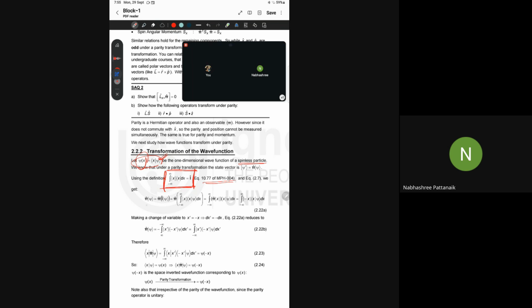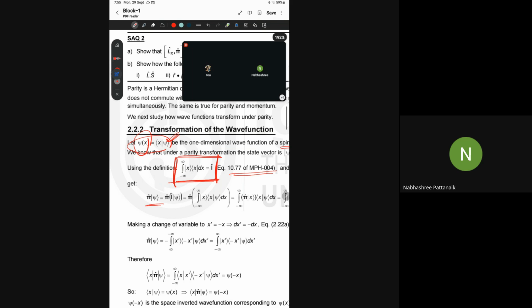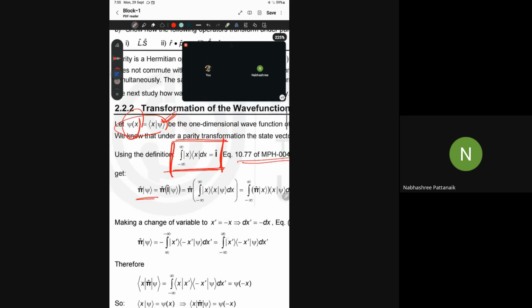If we try to write the parity operator Pi operating on the ket psi, I can introduce one identity over here and write this quantity.